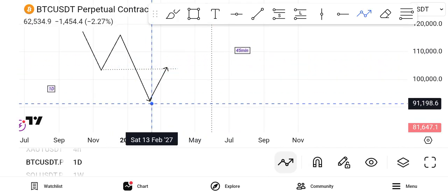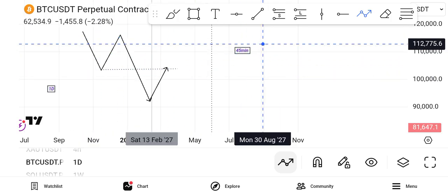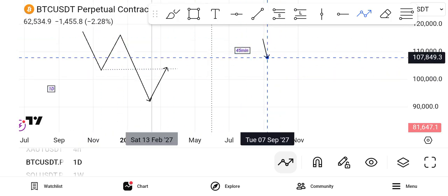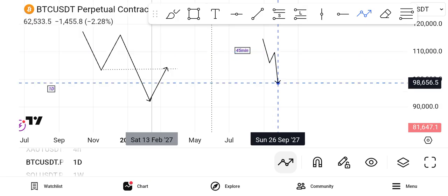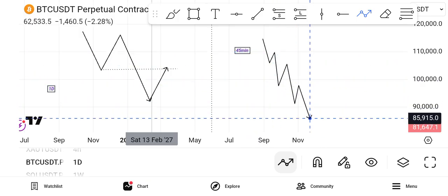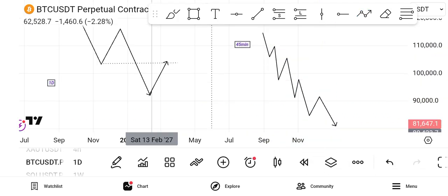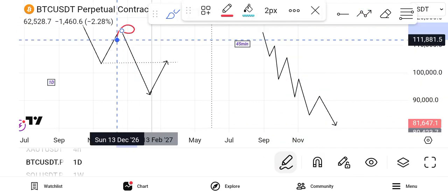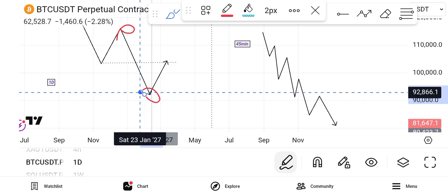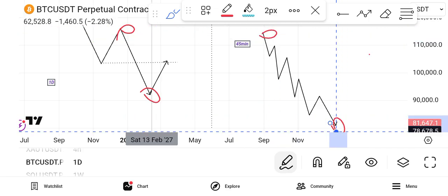This particular expansion on the 45 minutes would give us something like this: lows, highs, lows, highs, lows, and highs. That is, this particular expansion from this point to this point on the daily time frame would give us something like this, from this point all the way to this point.